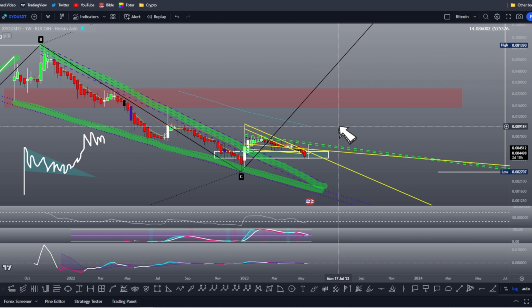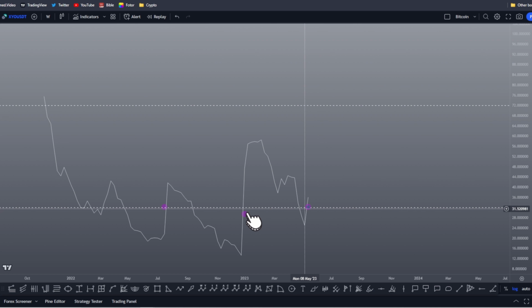But what I wanted to point out here, this is the weekly of the XYO to USD. If we go back here, to July of 2022, January of 2023, and then currently, with this uptick in price we've seen recently, you can see how we crossed above right here, crossed above right here, crossed above right here, and also in March of 2022 as well.